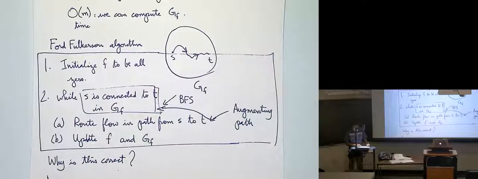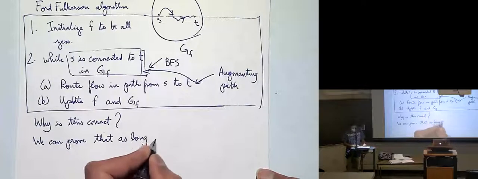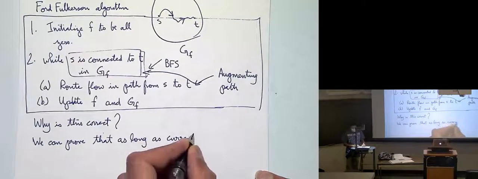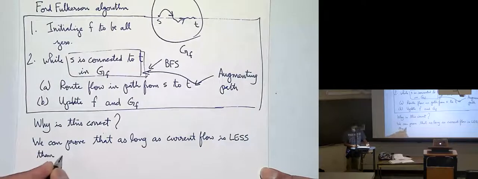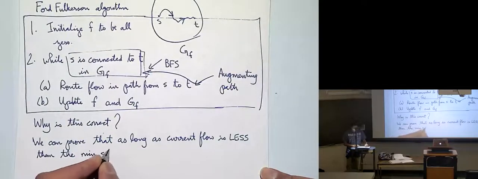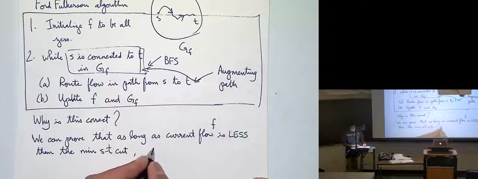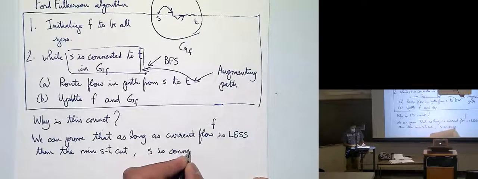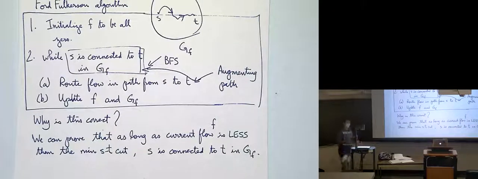So what we can do is prove that as long as the current flow F is less than the min ST cut, S is connected to T in G of F. So as long as your flow is less than the min cut value, it turns out you can prove that S will be connected to T in the residual.